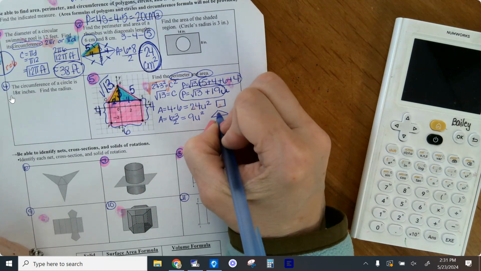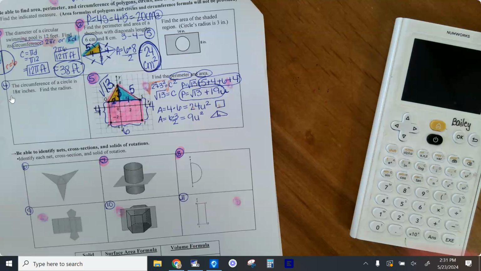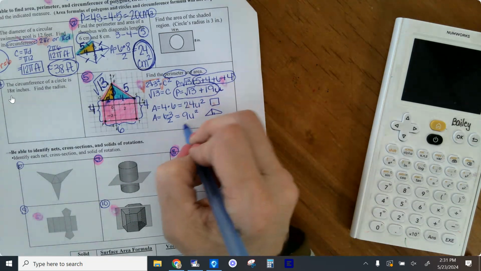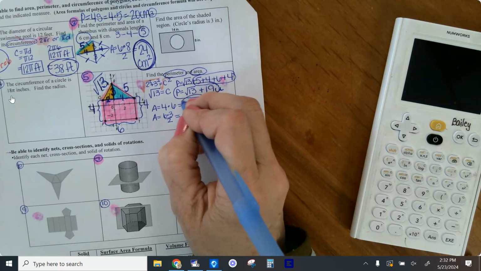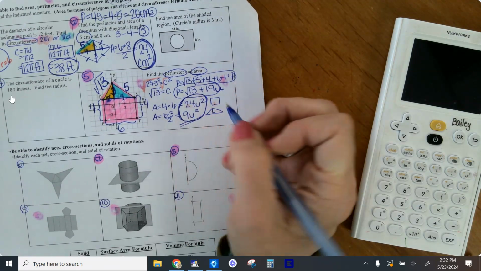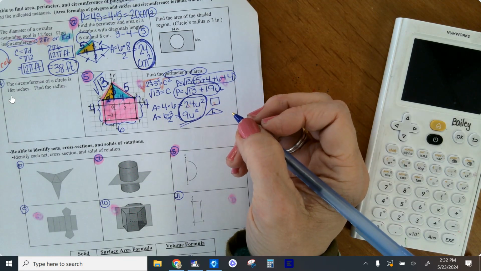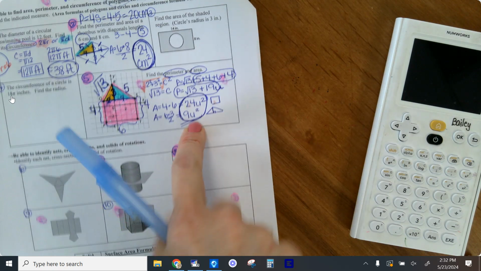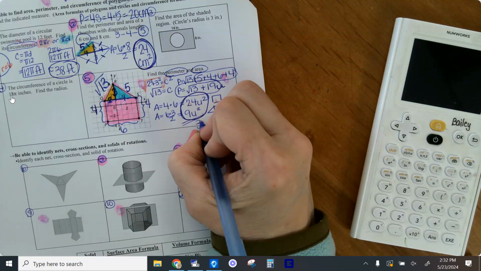And that triangle, I can just do base times height the way it is drawn. Okay. And then I'm going to add that up because 24 and 9, how many total units squared is that? Wouldn't it be 43? It would be 33.